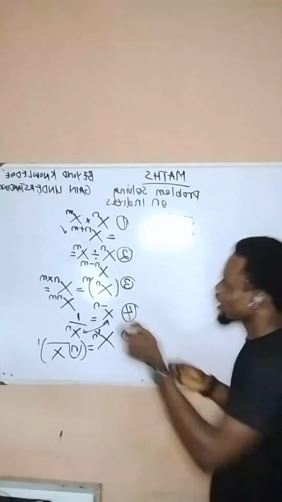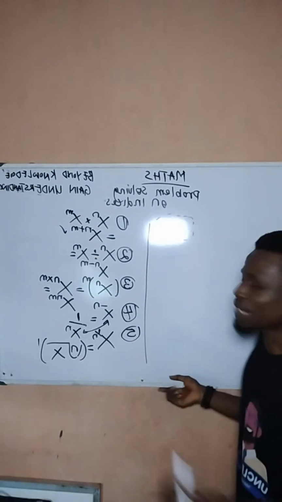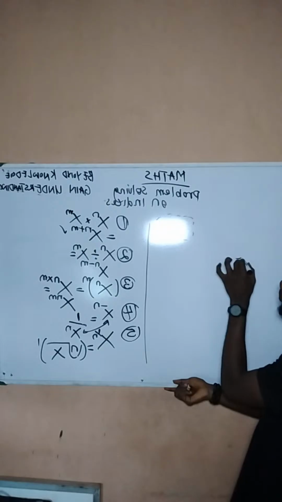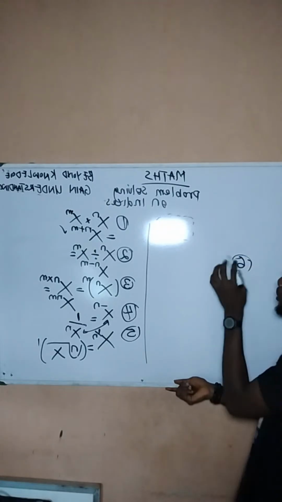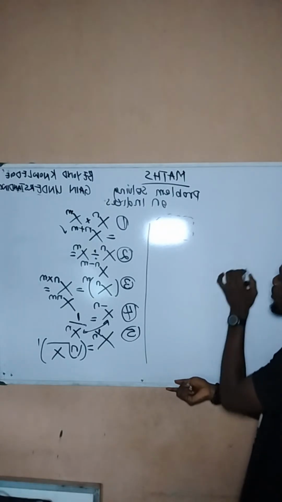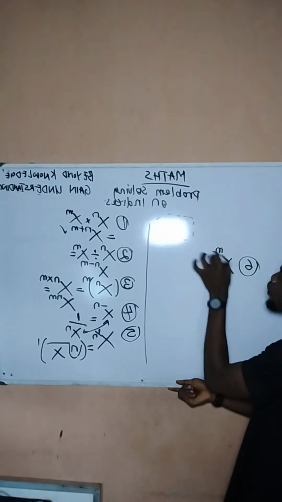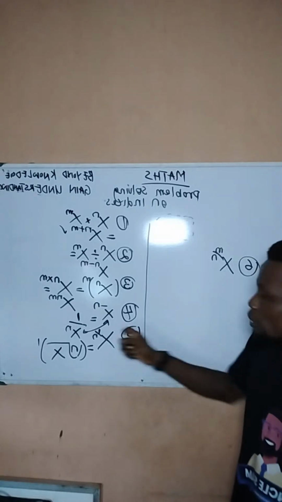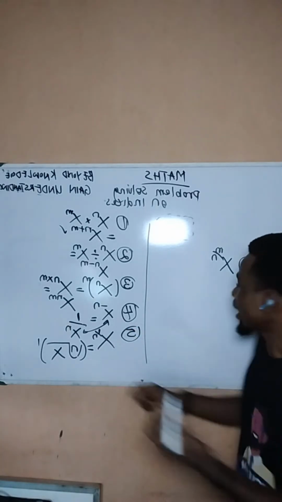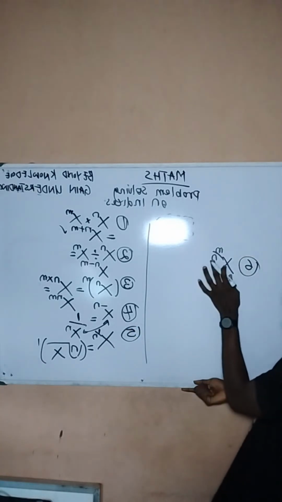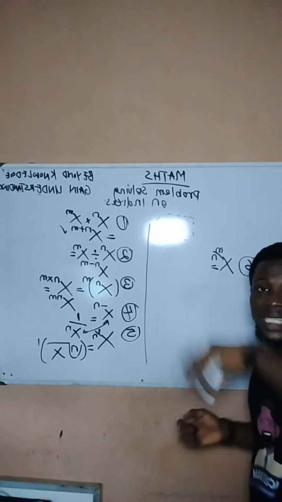Now, if you have something of this sort, x raised to the power of, let's say, m over n, the same principle that we did here also applies. So it's the same thing as saying the nth root; the denominator becomes the nth root.